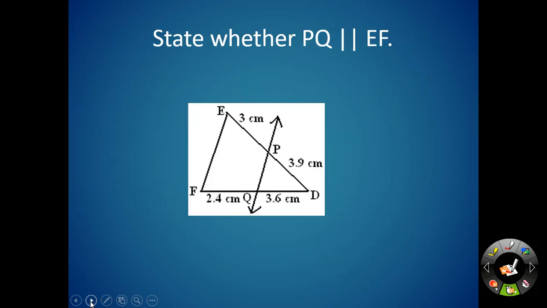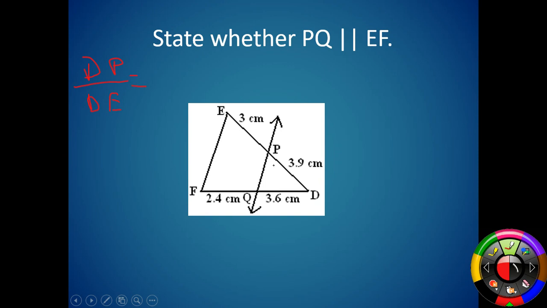How? I'll give you an example. I have this figure, and the question is: state whether PQ is parallel to AF. So I will try DP over DE. I'll do it alone, using my calculator. DP is 3.9 over DE, which is 3.9 plus 3, that is 6.9.